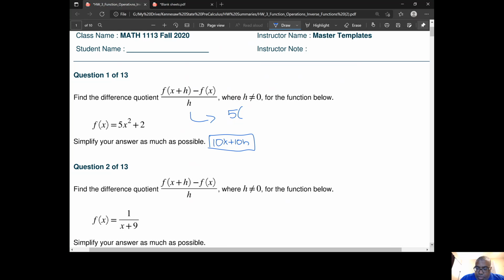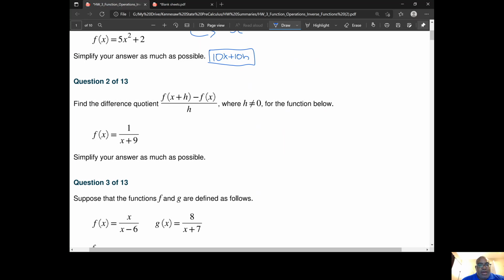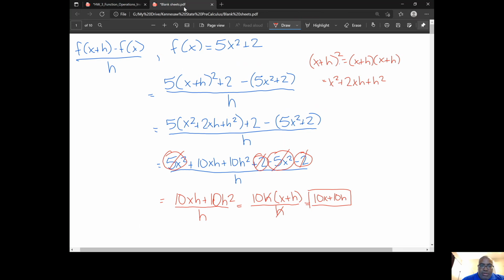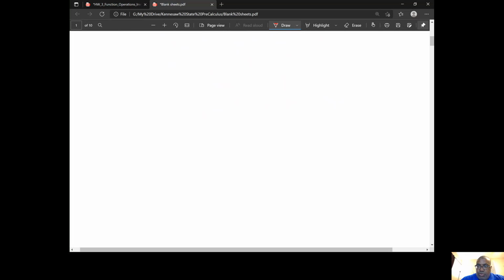All right, so let's go to number 2. Same thing, but a little bit more. Same difference quotient, only we have a rational function. Got to keep it interesting, right? So f of x is 1 over x plus 9.